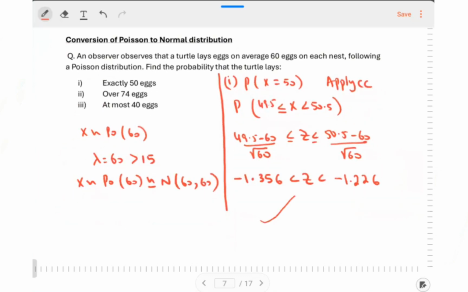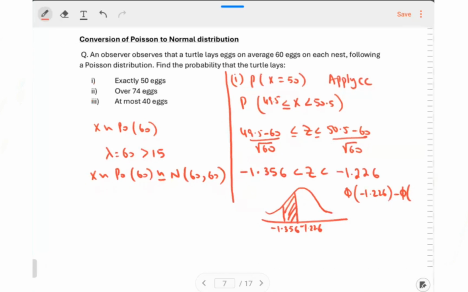याद करें normal distribution. Minus 1.356 minus 1.226 के बीच में Z लाई कर रहा है. Yes or no? Which means phi of minus 1.226 minus phi of minus 1.356.